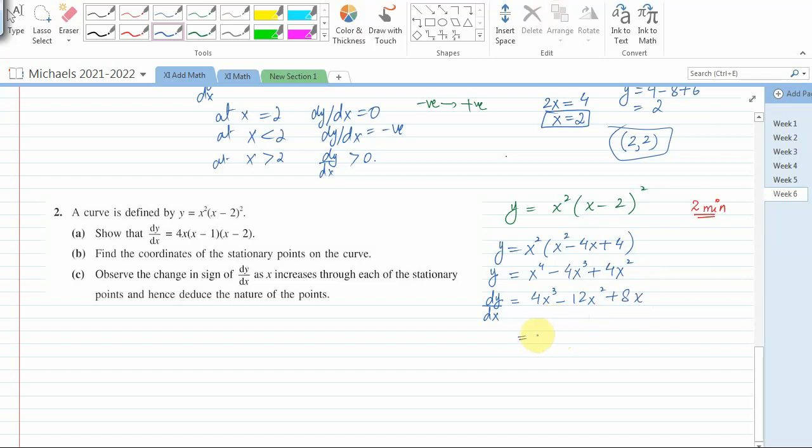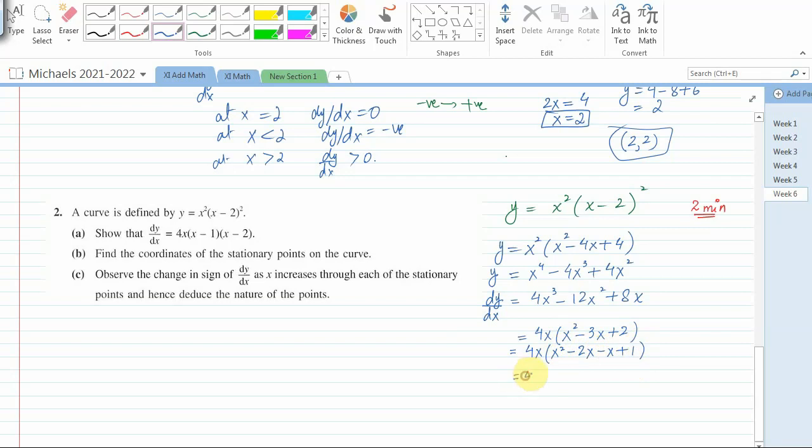We can simplify it further. We can take 4x common here. Now inside the bracket it will be x squared minus 3x plus 2. So that is a quadratic expression and you can factor it by the middle term: 4x bracket x squared minus 2x minus x plus 2.